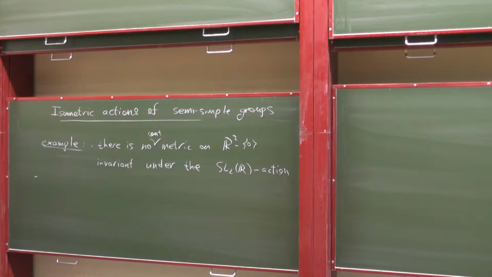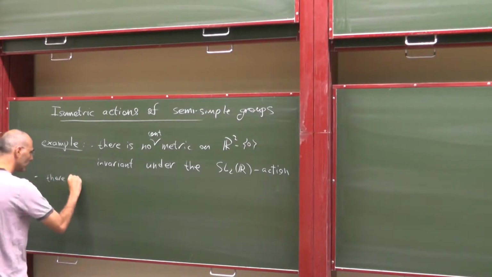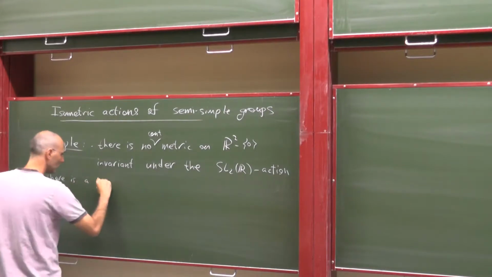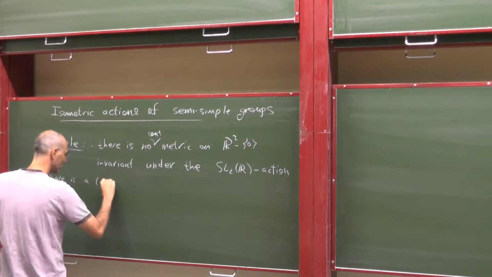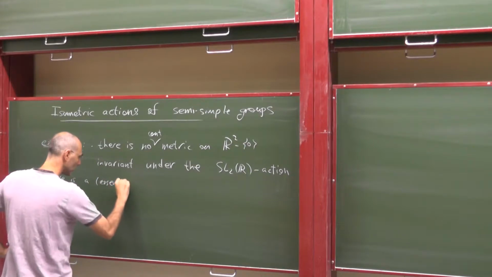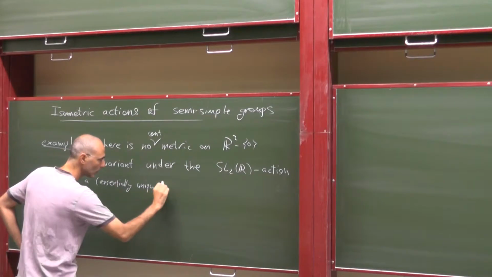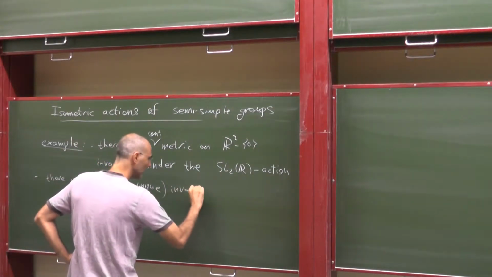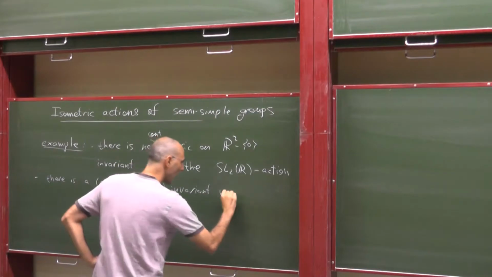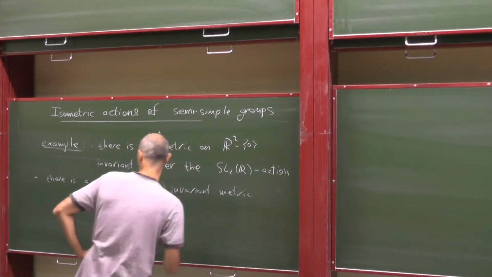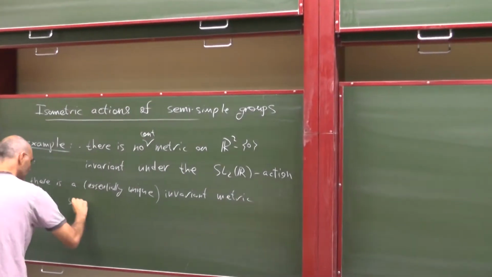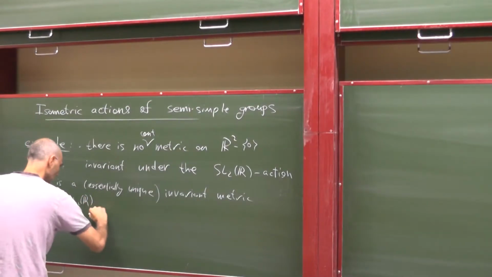So let me regard another SL2(R) space. Oh, but by the way, I should say there is an essentially unique invariant metric on SL2(R) modulo SO2.